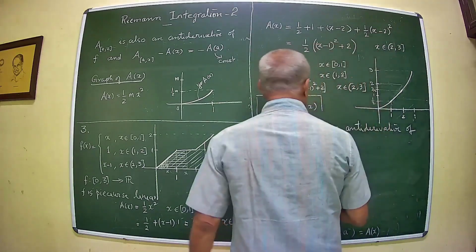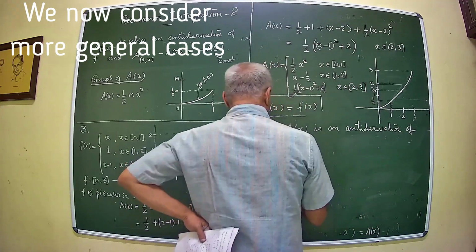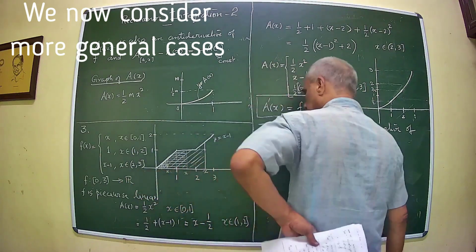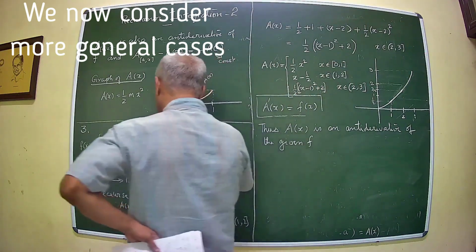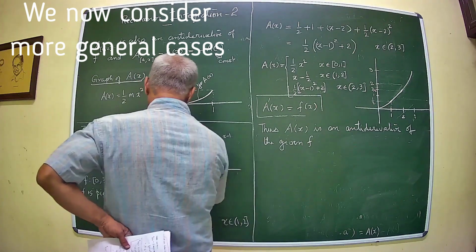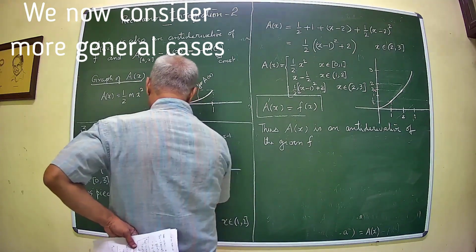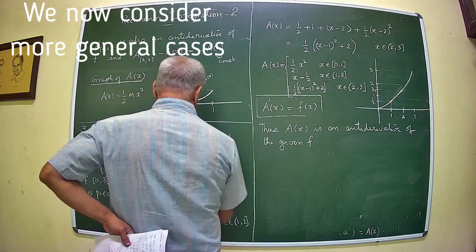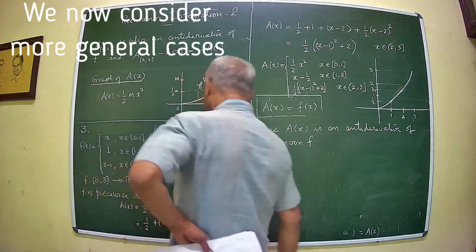More generally, you compute this. Suppose you call it for any x. Now you see you have to compute this for various values of x: x between 0 and 1, x between 1 and 2, x between 2 and 3.